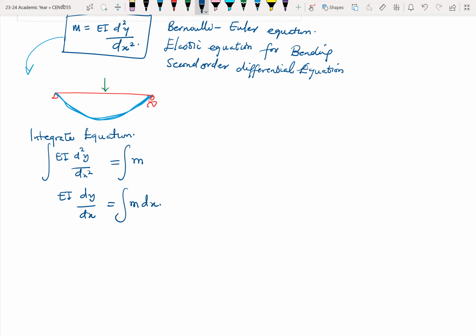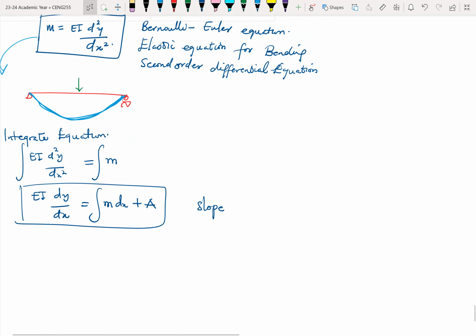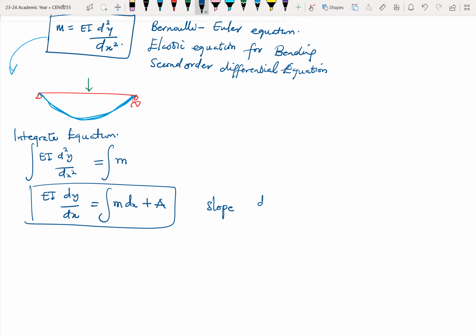Or the integral of M dx plus, anytime you do integration with unknowns, there's always a constant. So M dx plus a constant A. And you'd realize that this is the same as the slope that we found earlier, where our slope dy/dx was equal to the integral of M over EI. Okay, so this is theta.